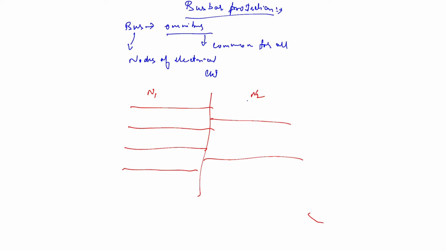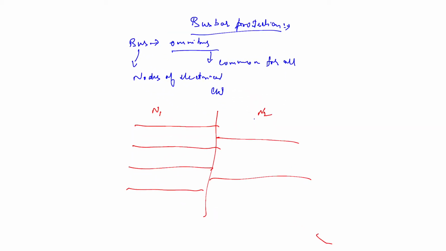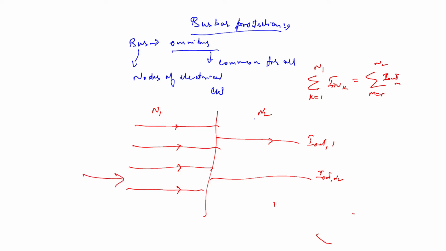We can label these lines also. Here we have the incoming lines coming in this direction, and then the outgoing lines, and these are connected together through the bus bar. So in this case, this is the bus bar, as you can see from this diagram.